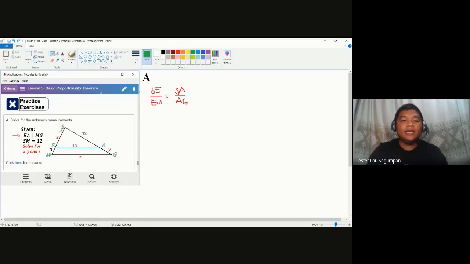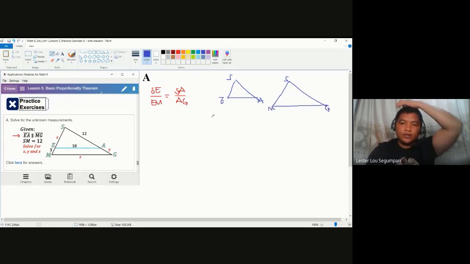But for the two triangles here, it's still on the relationship between the whole sides. To do this, you may break that up. So you have triangle SEA and triangle SMG.